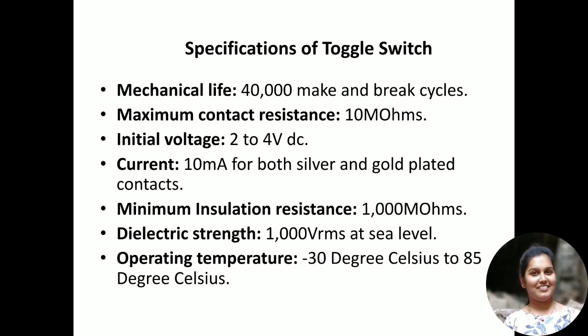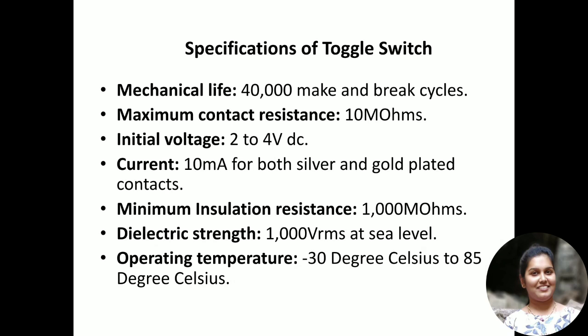And coming to the contact resistance, this mechanical life is far better than the normal mechanical switches or the rocker kind of switches. That is why a toggle switch is better than the normal rocker kind of switches.